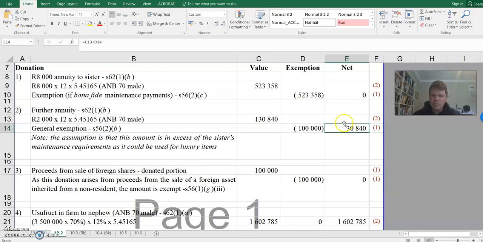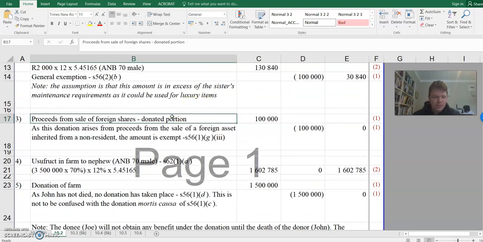Theoretically, what I would think you need to do is to say that this 30,000 Rand is then multiplied by 20% and work out the donations tax, because it actually asks you in the required to say for each donation, calculate the value, show any exemptions that apply, and explain which exemption you have applied, if any. Okay, so that's why we did this and then exempted it, but in real life you could just exempt it.